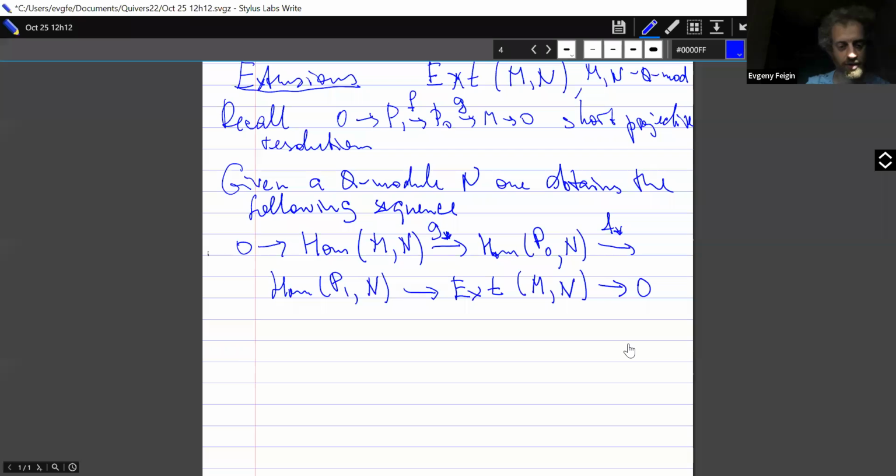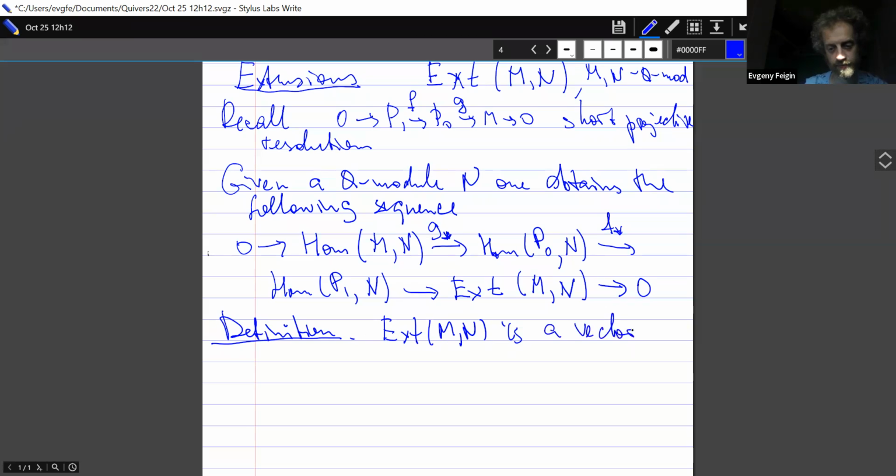So we want some definition: Ext(M, N) is a vector space making the sequence above exact.